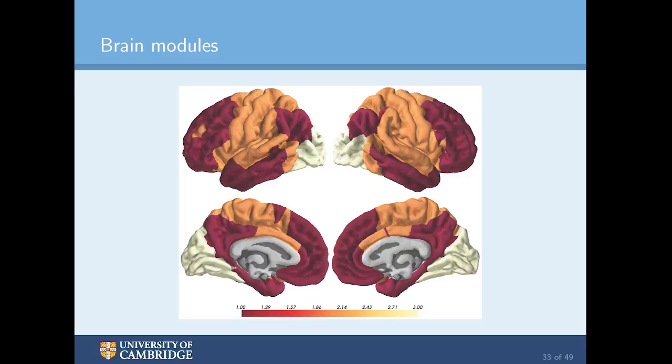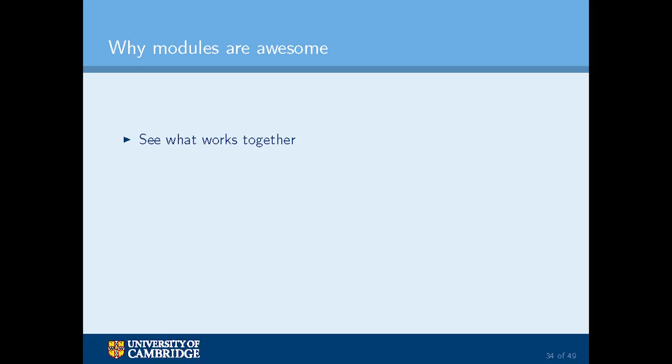But it's not perfect, but there are a lot of really nice things that modules allow us to do. So most critically, and the primary purpose of them, is they allow us to see very clearly at a glance which regions of the brain are associated with each other and which ones work together, which ones are often involved in similar tasks, activated at similar times when people are just sitting there.